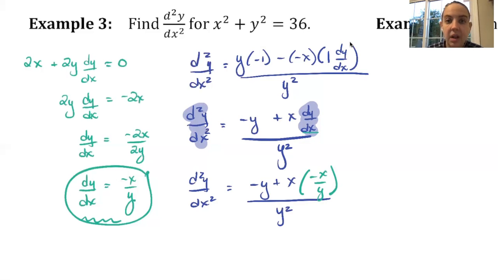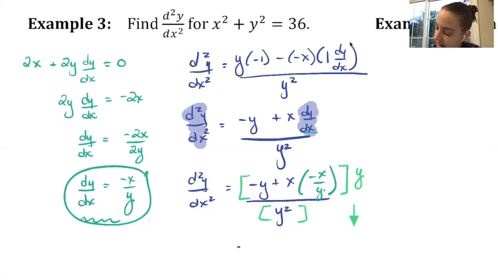Great. Now the algebra teacher in me is not happy because now I have this fraction inside of a fraction. So what do I do with it? Multiply through by your common denominator, this y. Everything else is over 1. So if I multiply by y over y, I have -y squared. In the second piece, the y's cancel out.